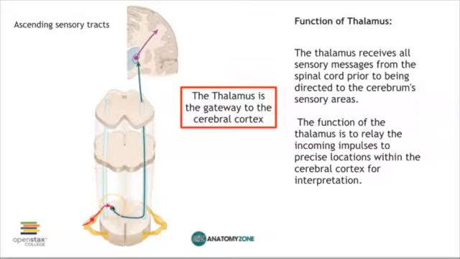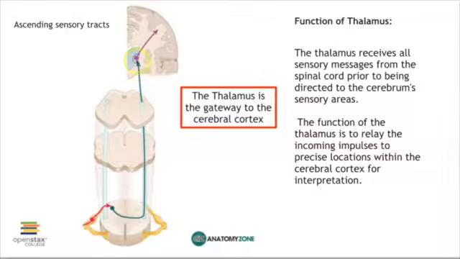And that interneuron in the spinal cord is located in the dorsal horn. Remember the dorsal horn, the gray matter of the spinal cord. That interneuron will then go into the white matter and send that sensory information up through an ascending sensory tract.